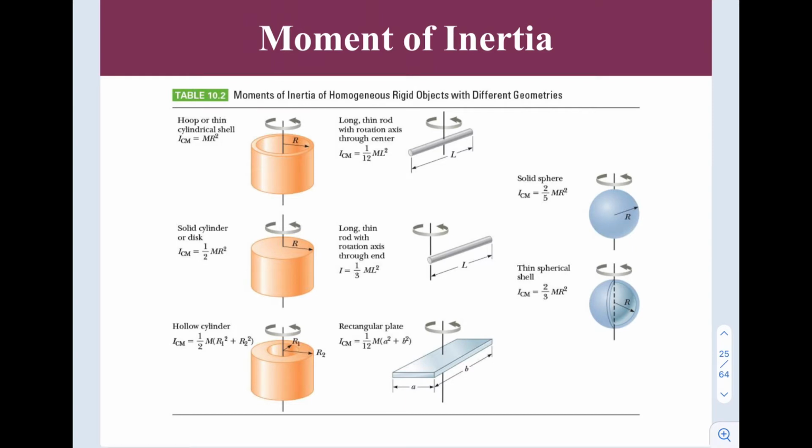How about a long thin rod with the rotation axis through the center? In that case, I at the center of mass for this thin rod is 1 over 12 m L squared. Sometimes it's 1 over 12, sometimes it's half, sometimes 1/3, 2 over 5, 2 over 3.